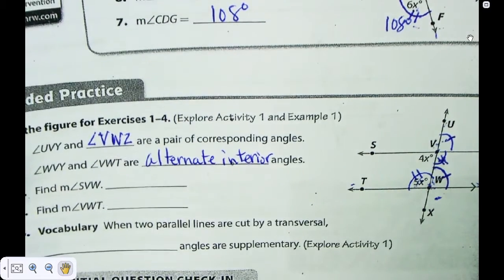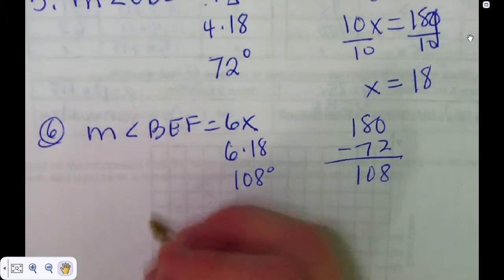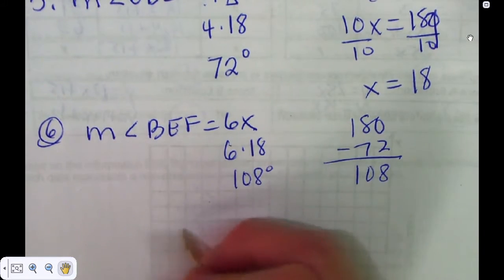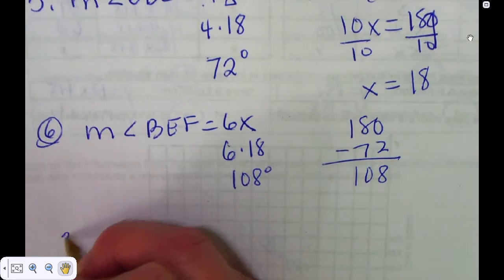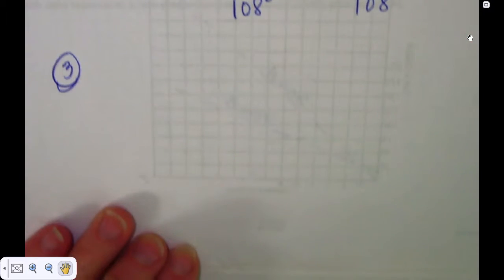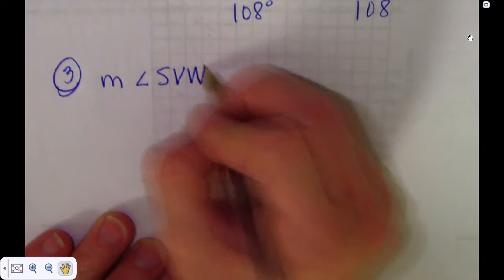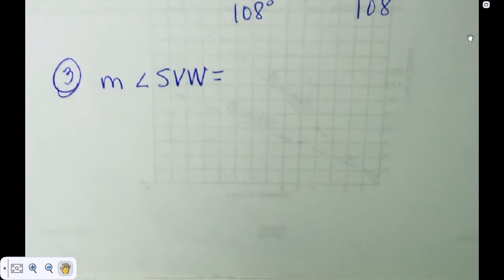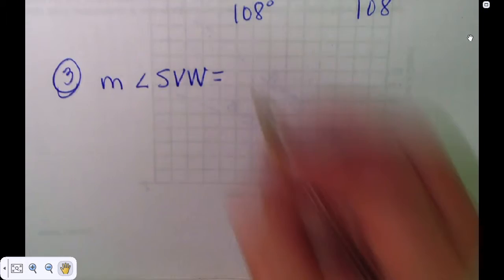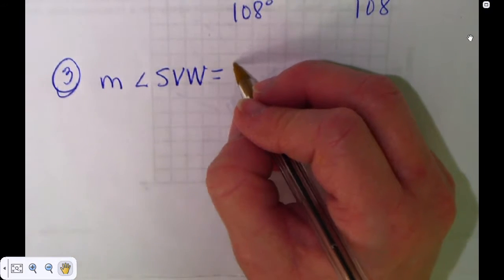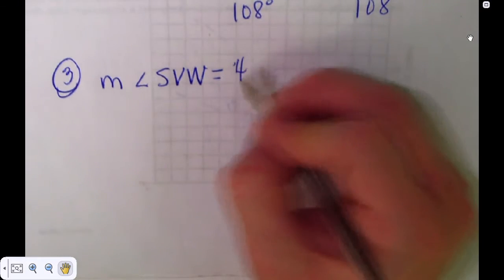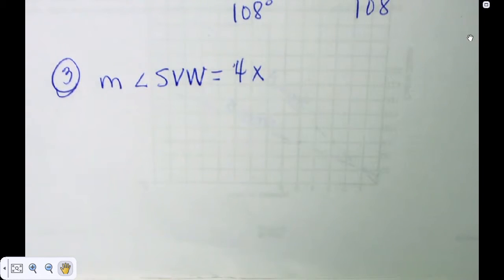Okay, now we've got to find the measure of S. So come to your paper. Number 3. Measure of angle SVW. SVW is what? 5x. S, put your pencil on S. It's 4x, isn't it? SVW is 4x. It's confusing sometimes.